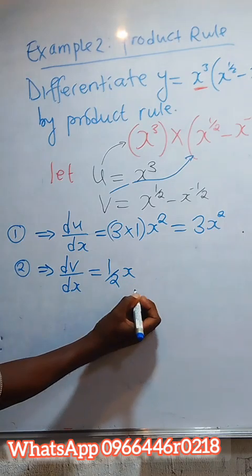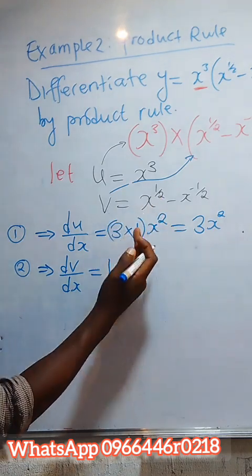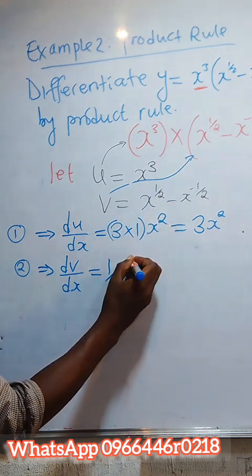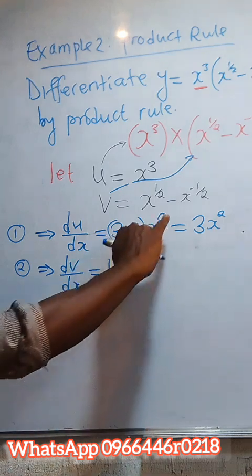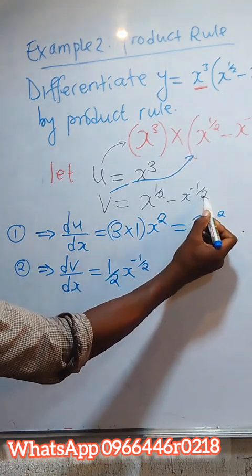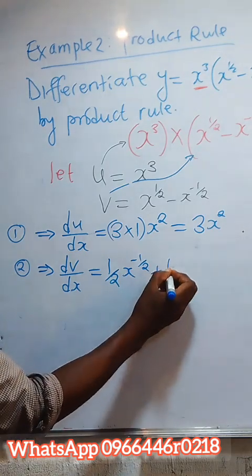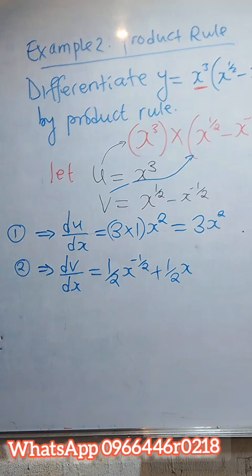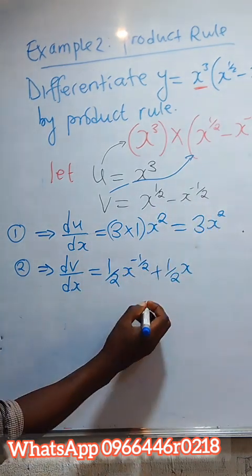So from there, what you're saying is this half times 1 is half, and then the power reduces, so I'm going to have negative power half. Now minus this, so this is a negative half, power negative half multiplied by this negative, it's going to be plus half x, and then the same thing, you're going to see how that works out.